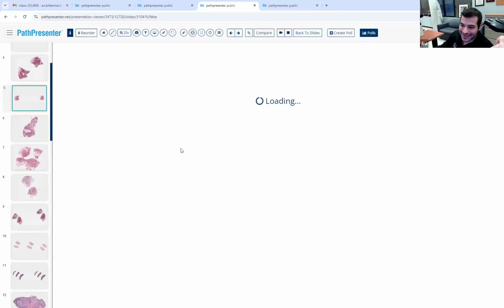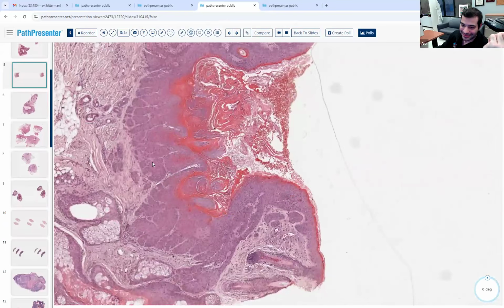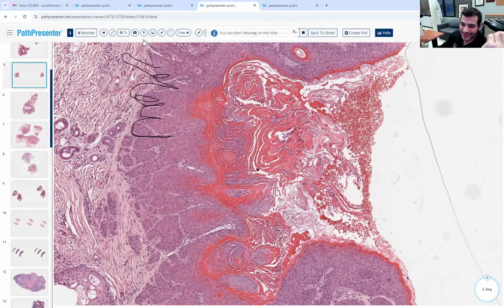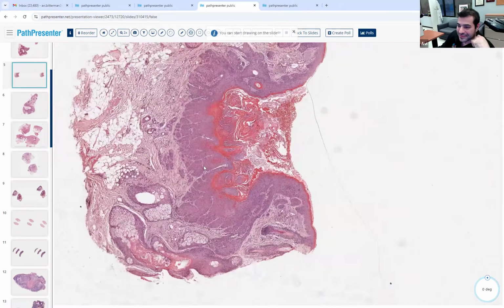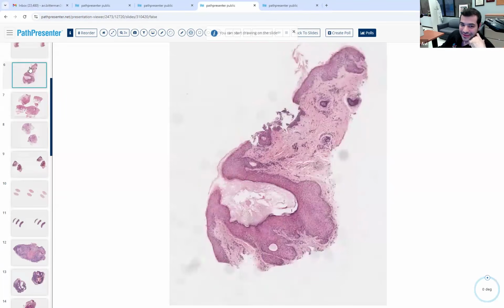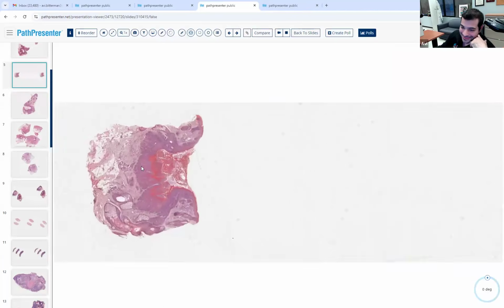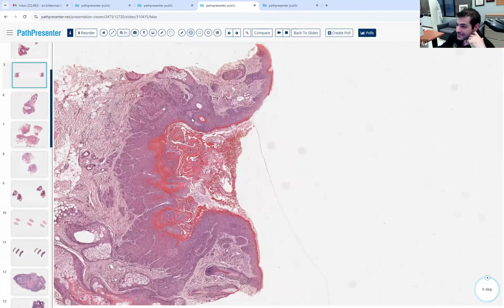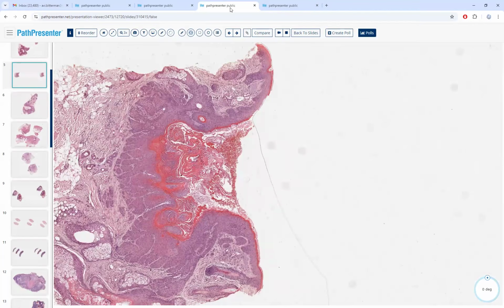If you compare that to this one, these reedy structures are tiny, like thin little strands in comparison. So this is your dilated pore of Winer.